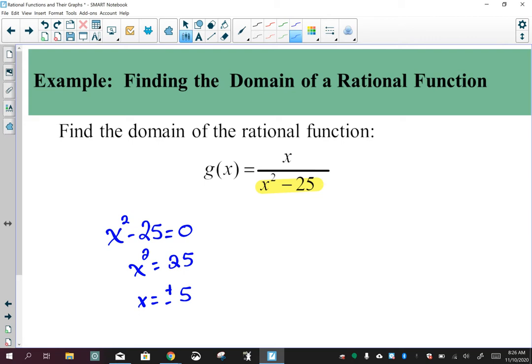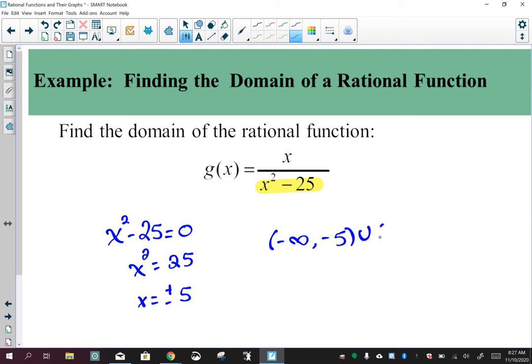Here's the other thing: rational functions always start off from negative infinity, come up to a number, do some stuff, and then leave to positive infinity. So you're always going to start with negative infinity and end with positive infinity. In this case, I start with negative infinity and go up to my smallest number, negative 5.